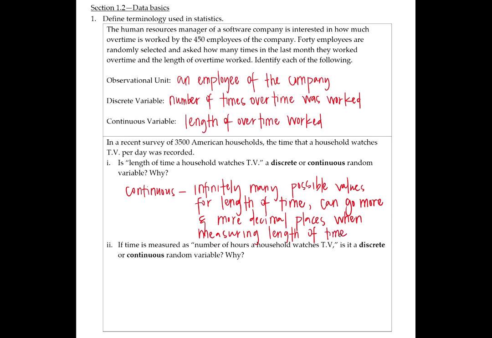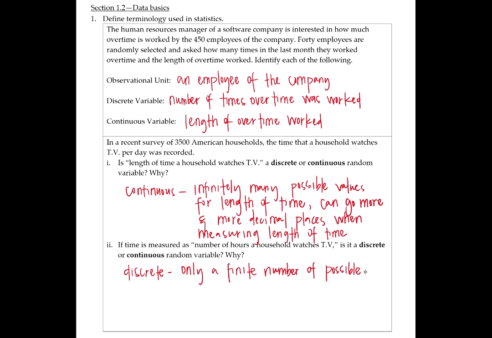If time is measured as number of hours a household watches TV, is it a discrete or continuous random variable? Well, number of hours now is discrete. There are only a finite number of possible values for number of hours.